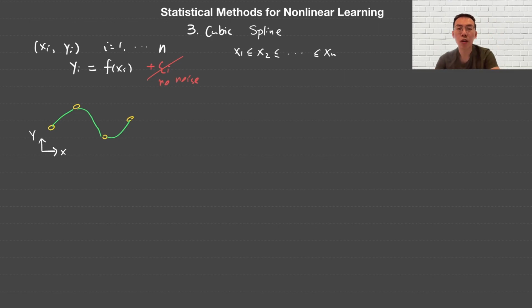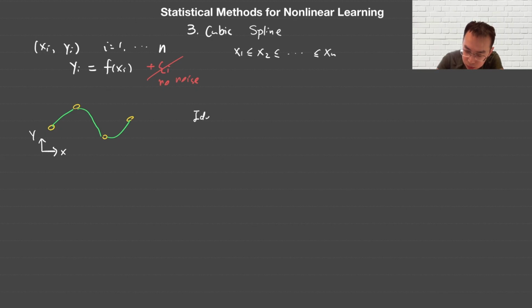So the question is: how do we find this curve that interpolates all the data points? Probably the simplest way we can think of is to just connect all the points. So let's just define a piecewise linear function. That's like the easiest method we can think of.